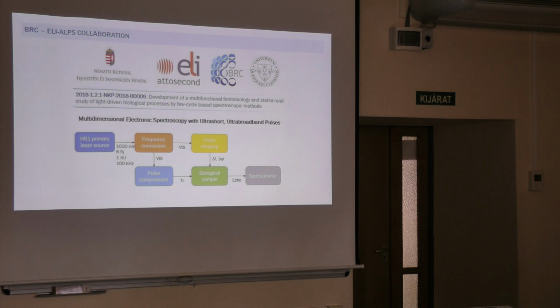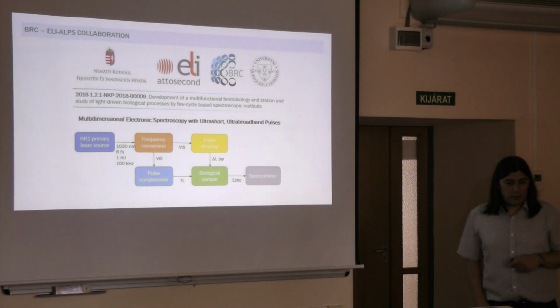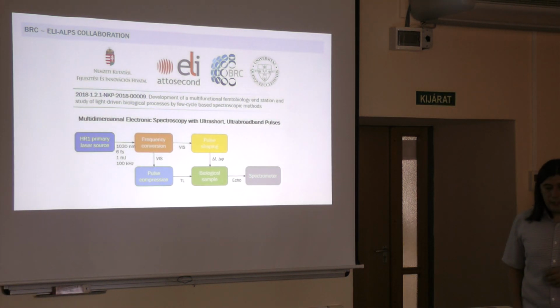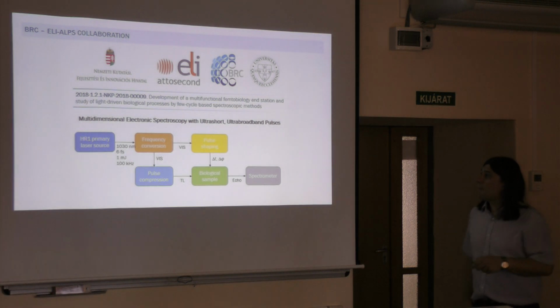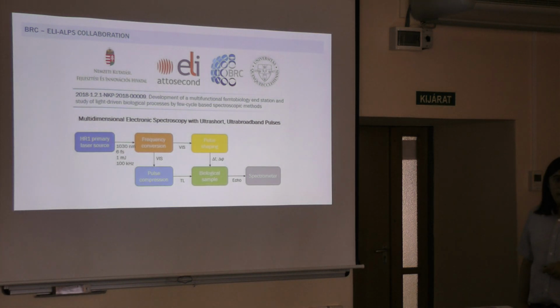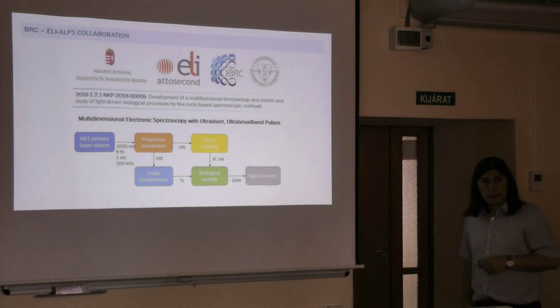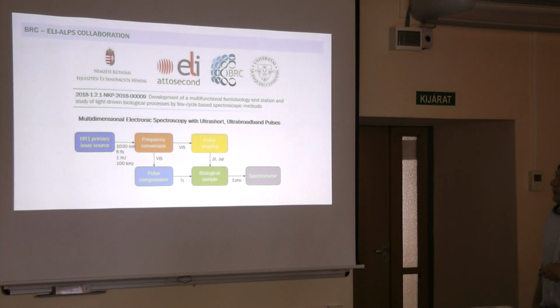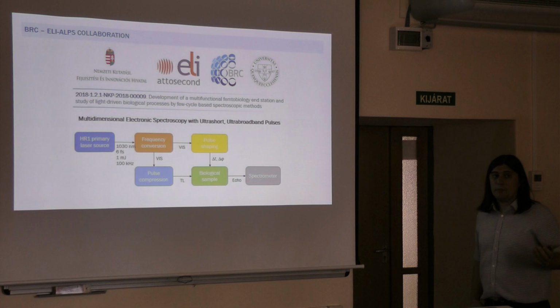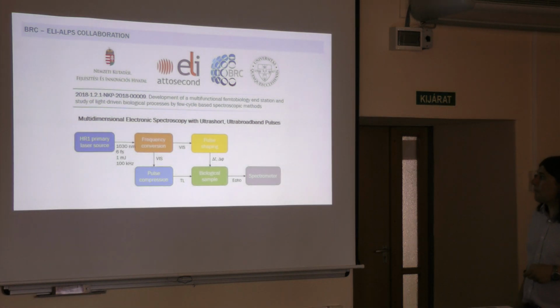The advantage that they have at the ELI is very broad pulses that come at a very high repetition rate of 100 kilohertz with enough energy to drive any kind of nonlinear process. That repetition rate and broadband is very helpful for two-dimensional spectroscopy because you have a lot more data points than in transient absorption. So you need to either measure longer or increase the repetition rate. And that's it. More questions?